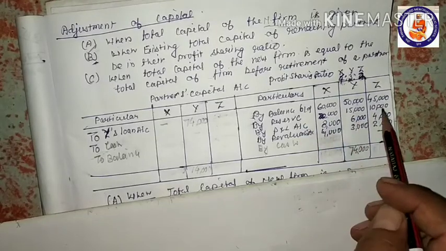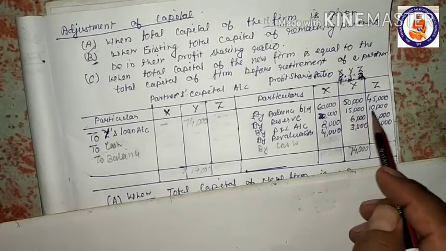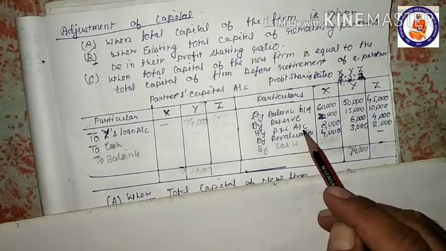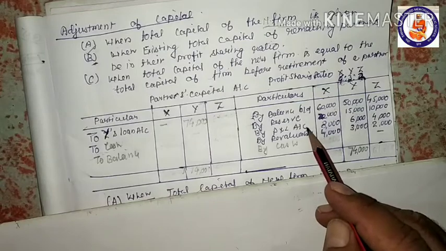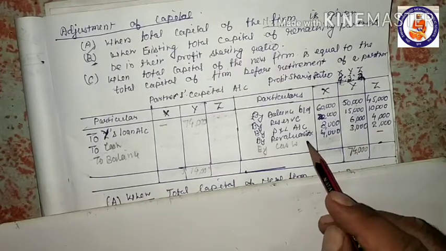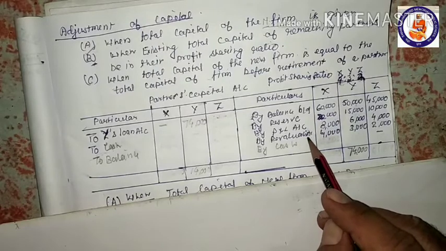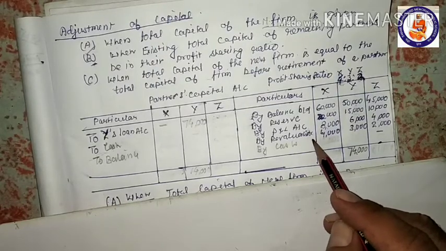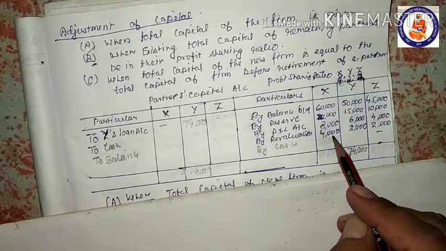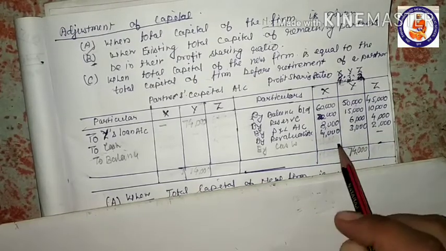Reserve amounts are 20, 15 and 10. The P&L account shows the profits that were not distributed: 8,000, 6,000, 4,000. And the revaluation account gain, when distributed and transferred to their capital accounts, came to 4,000, 3,000 and 2,000.